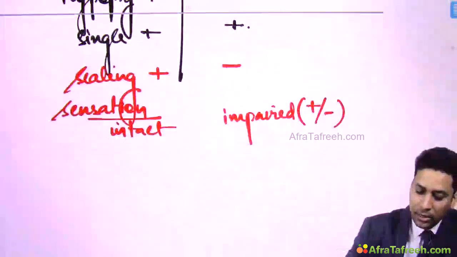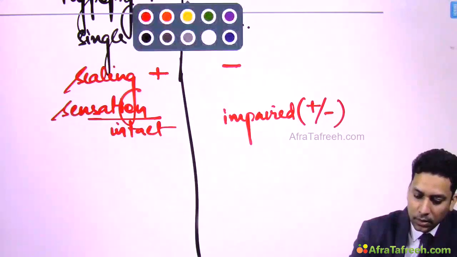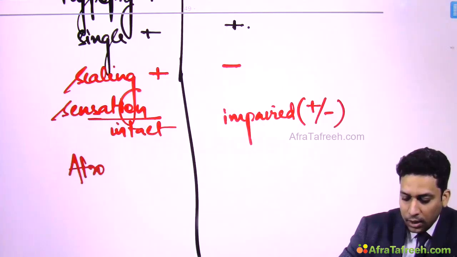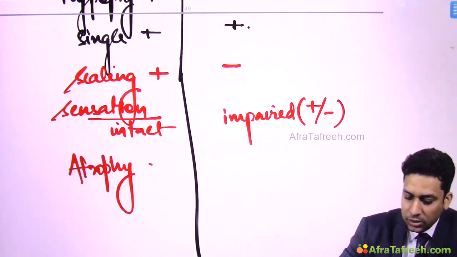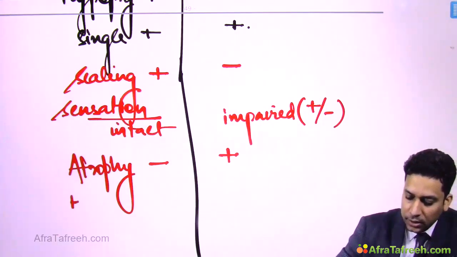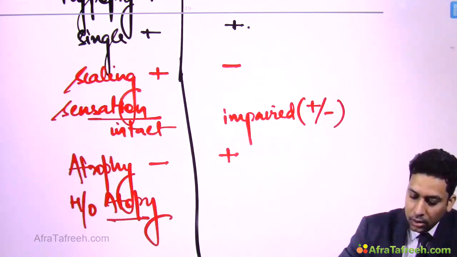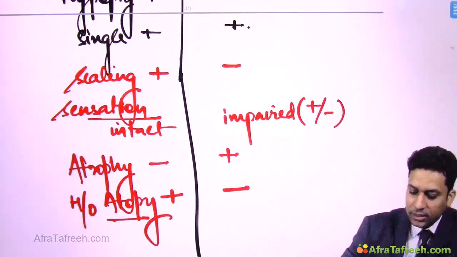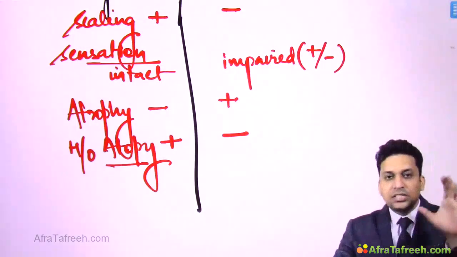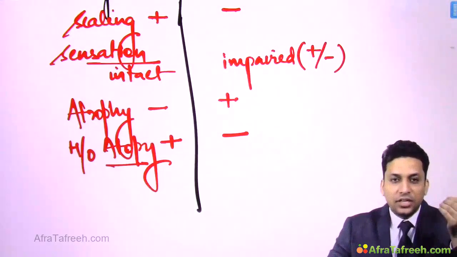It might be impaired, it might not. Atrophy is not seen in alba, it might be present in leprosy. History of atopy is present in alba, absent in leprosy. So these are the clinical features which will help you differentiate these two conditions.